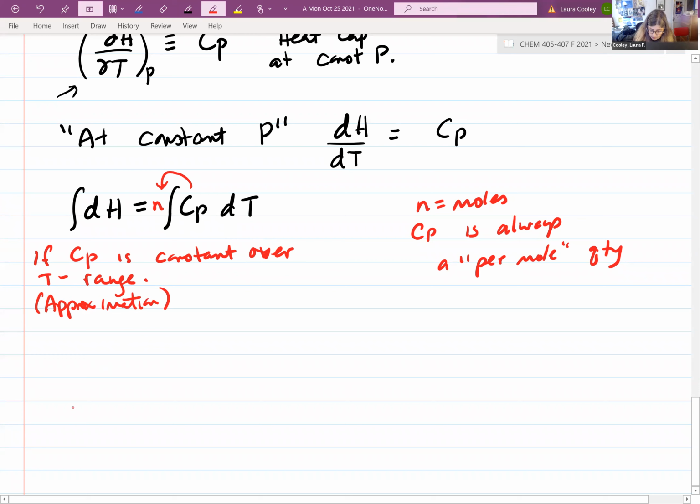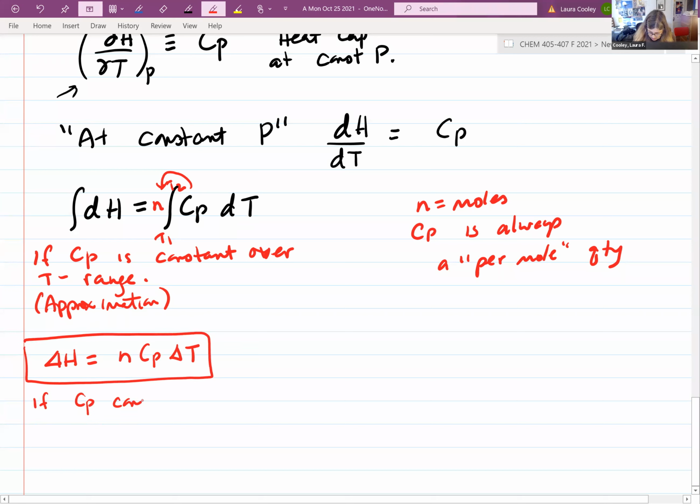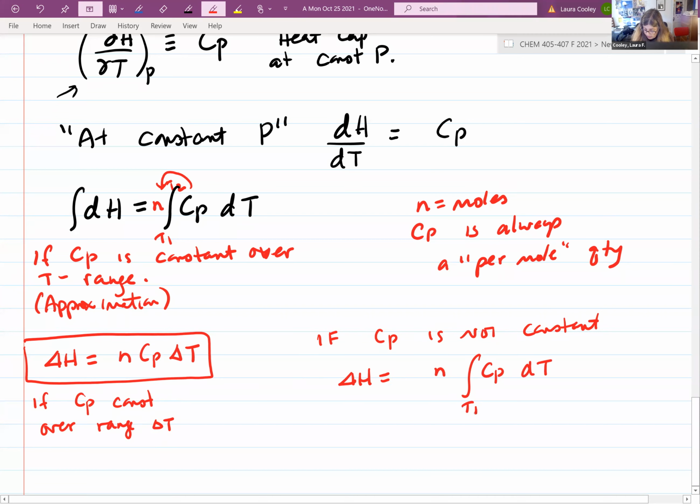But if you do assume that, then the delta H would be N CP times T2 minus T1, or N CP delta T. This is if CP is constant over the range delta T. But if CP is not constant, then I cannot get any simpler than this equation.